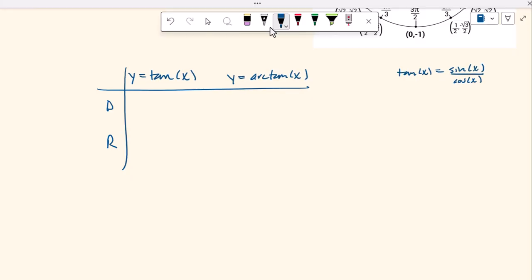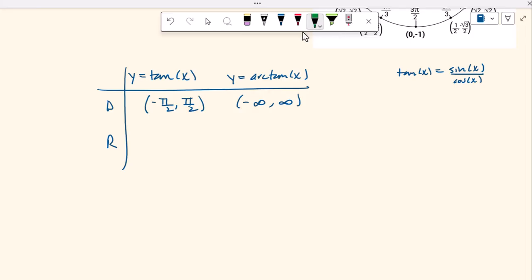So I have vertical asymptotes wherever cosine of x equals 0. My domain here is the same as sine, except this goes from negative to positive pi over 2, but the points are not inclusive. The reason I don't have brackets here is that cosine of x equals 0 at negative and positive pi over 2, so my fraction would be undefined.